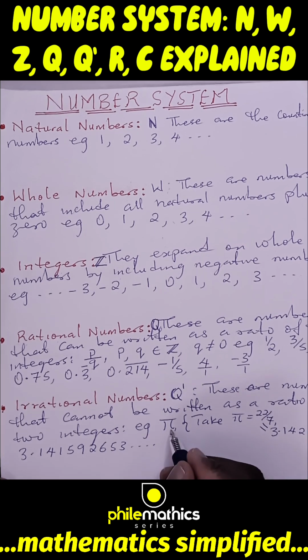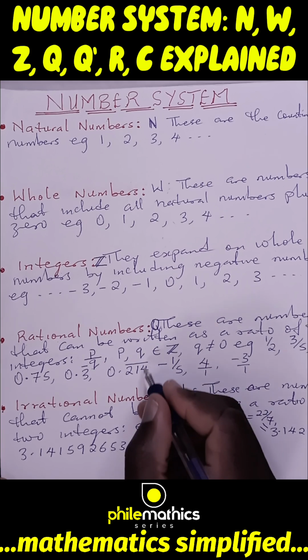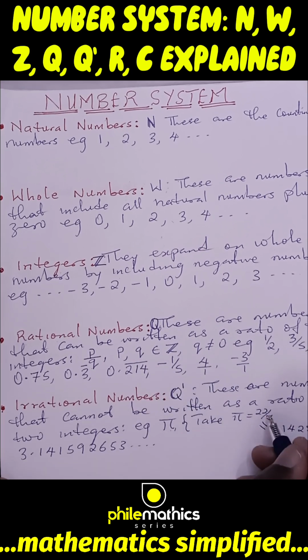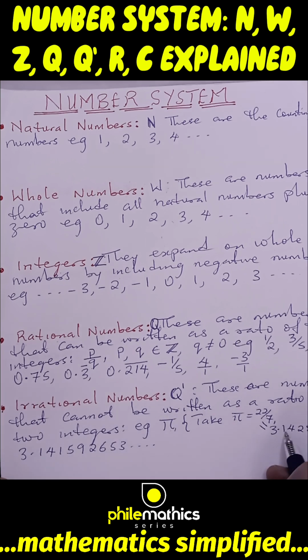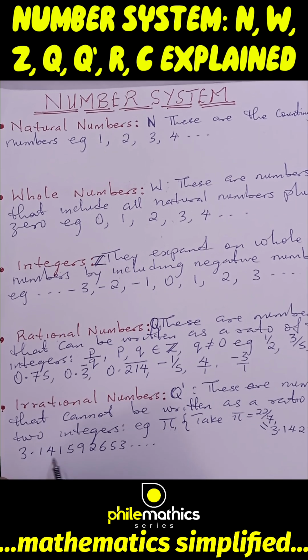And so pi is an example of irrational numbers. We cannot write it as a ratio of two integers. This is not what pi is. I repeat, you are just giving this as an approximation of pi. This is this, and look at what pi is. And these two are not the same. This is 4159. This is 428.